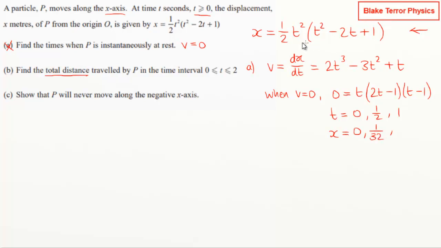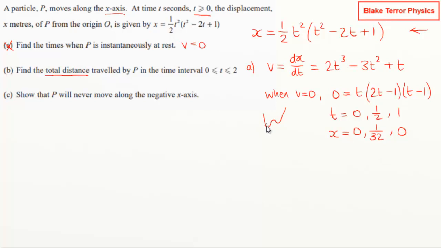And when t is 1, we're going to have a half times 1 minus 2 plus 1. All right, so that's 0 as well. So now we've got the coordinates of the turning points. We know it's a positive quartic with 3 turning points, so it's going to be some variation on a W shape.